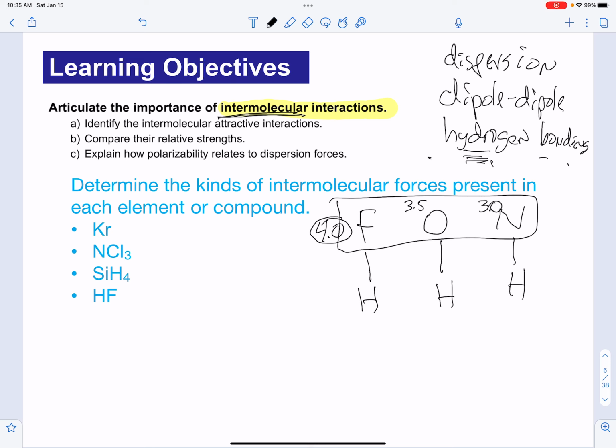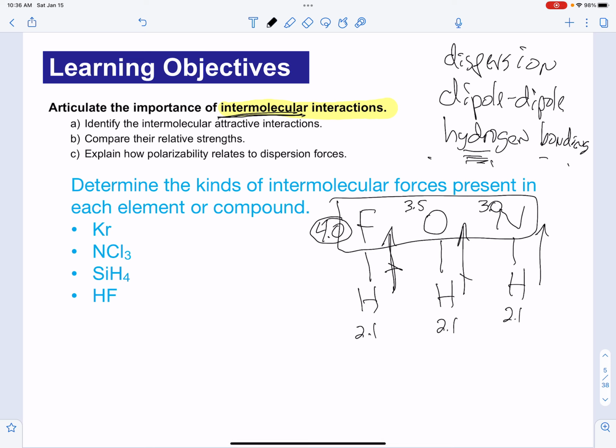So nitrogen has the same electronegativity as chlorine. However, nitrogen is smaller, so the attraction is going to be stronger. So these three features, FH, OH, or NH, the electronegativity difference is going to be so big that they're going to create a dipole that is very strong.